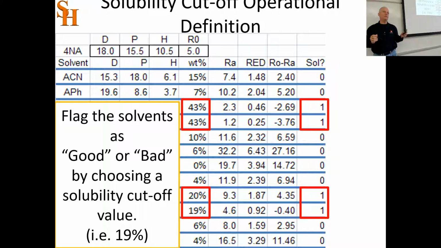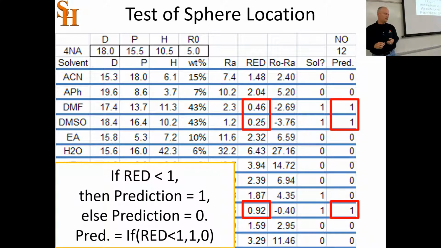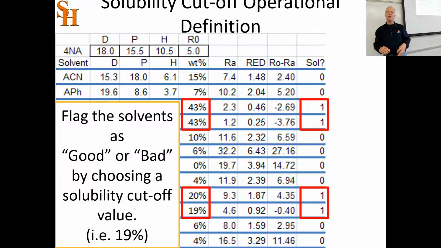And so you have to fiddle with this good, bad solvent definition, because it's not exactly clear what a good solvent is and what a bad solvent is. Although there's a pretty big jump here, from 15 to 19. But 15 is a lot bigger than 10. So maybe if we couldn't get a fit, we might want to include acetonitrile.